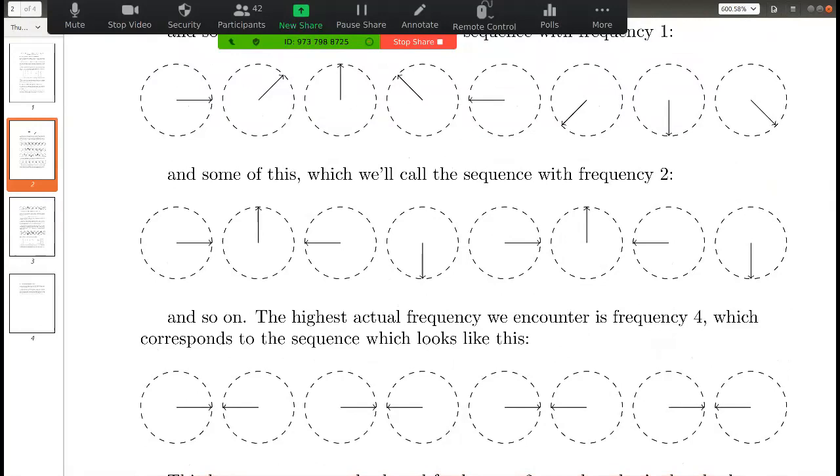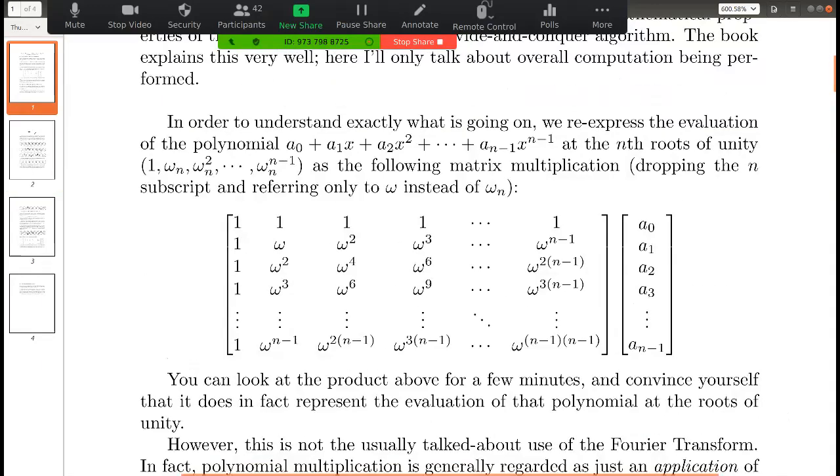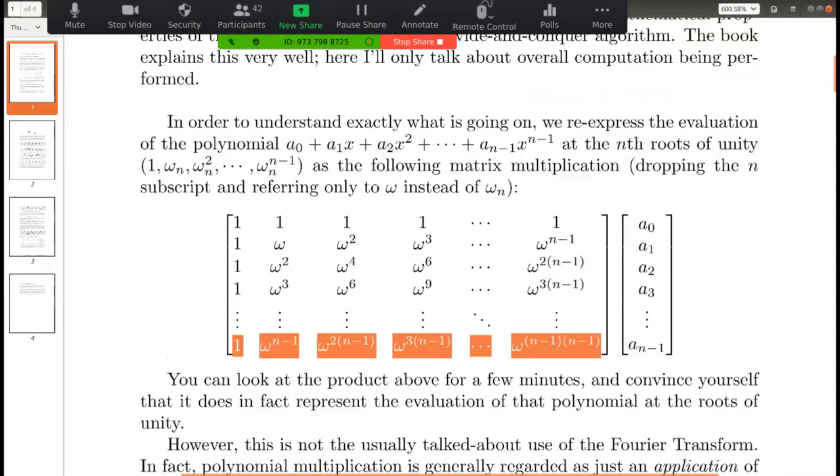We take a2 times omega to the 4th, and so on, and you can see what this is. We get these numbers out. If we go all the way to the end and we say that we're working with omega to the n minus 1, as that's the last thing we need to evaluate our polynomial at, omega to the n minus 1 is actually the same thing as omega to the minus 1. You can convince yourself of that just using the geometric view or using Euler's formula.